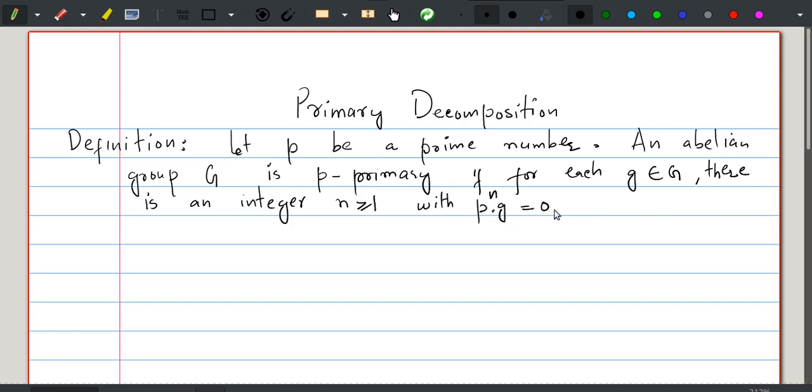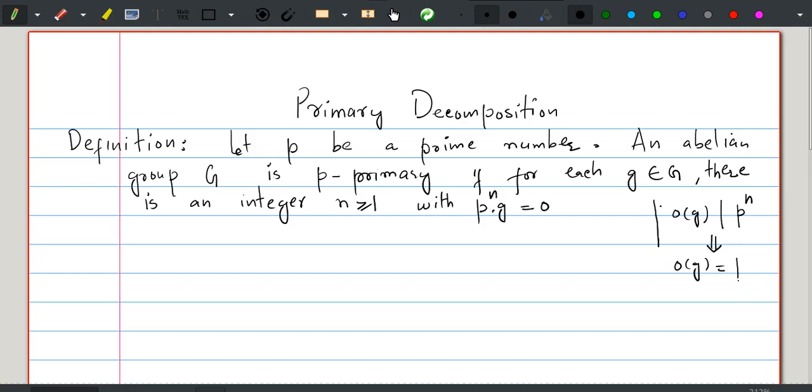Now p to the n of g equal to 0 means the order of the element g divides the number p to the power n. So this further implies the order of g is p to the power some positive integer.